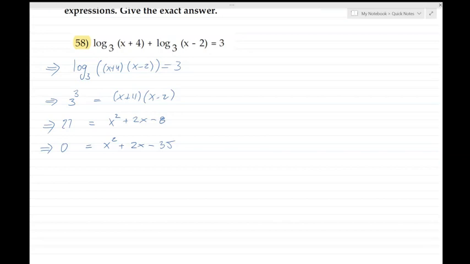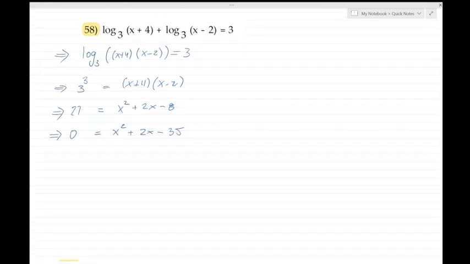So we're going to factor this, and we have two numbers that when you add them together give you 2, or two numbers that are 2 units away from each other, and when you multiply them, give you 35. So x, x, and then 7 and negative 5.